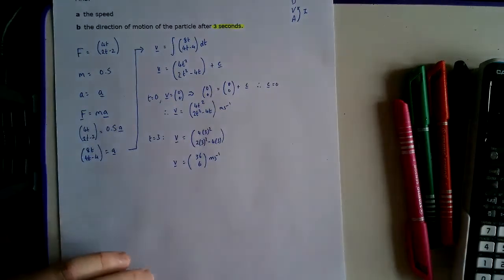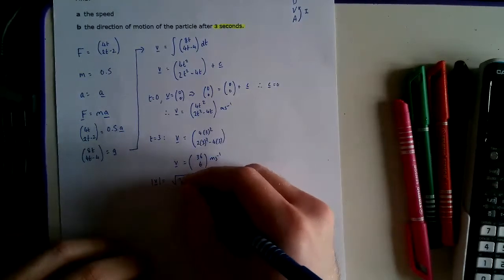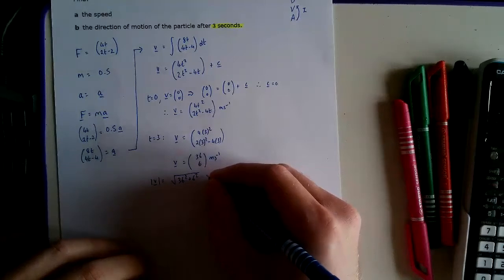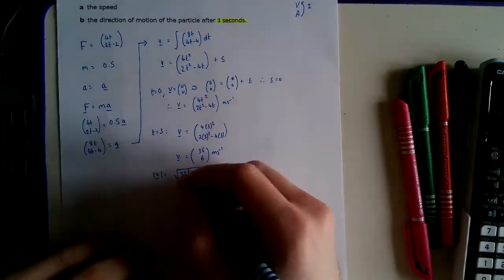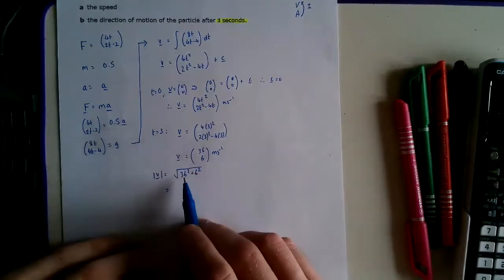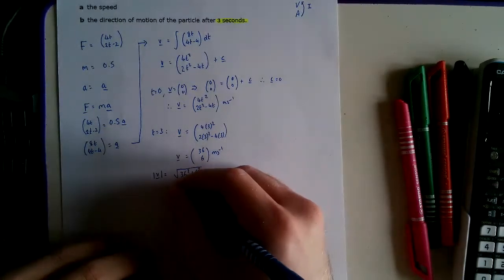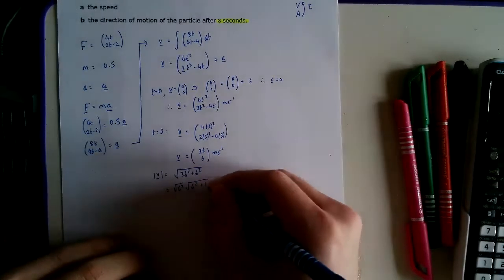Okay, that's its velocity, but that's for speed. That's the magnitude, remember. So I'm going to do the square root of 36 squared plus 6 squared. Actually, I'm going to show you a trick of how to do this quickly, rather than typing it in the calculator. I can factorize out a 6 from 36 and 6, so I can factorize out a 6 squared from both of them. So I'm left with 6 squared plus 1 squared.